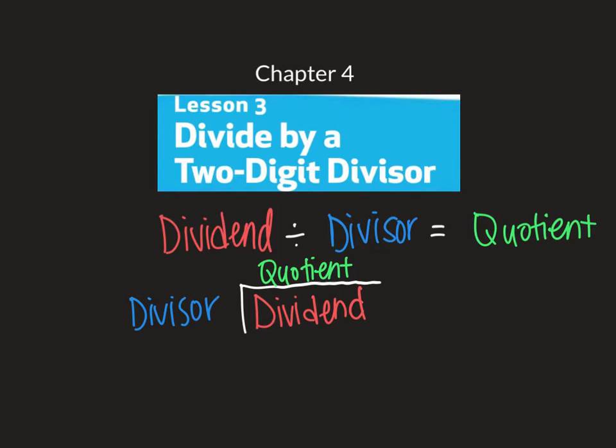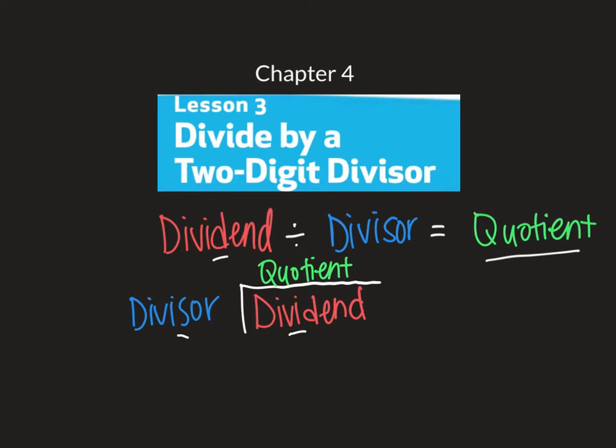So real quick, I just wanted to review the names of the different numbers in a division sentence. We've got the dividend divided by the divisor equals the quotient. And notice when we put it into the little white house here, the dividend and the divisor switch spots.